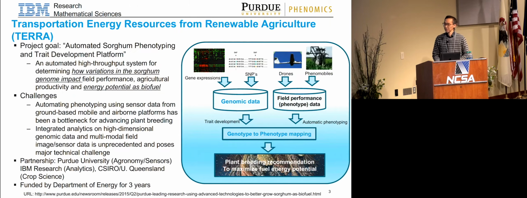So let me go on to the overview of the project itself. TERRA stands for Transportation Energy Resources from Renewable Agriculture. It's largely about developing an automated sorghum phenotyping and trait development platform, whose goal is really to develop an automated high-throughput system for determining how variations in the sorghum genome impact field performance, agriculture productivity, and energy potential as biofuel.